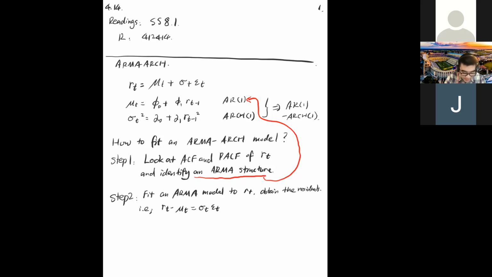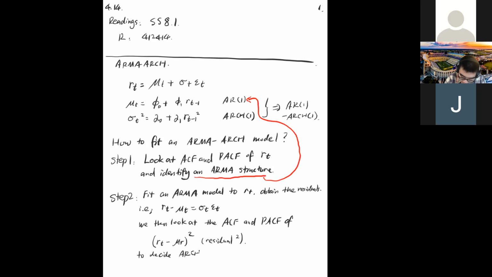And here's a key difference. We then look at the ACF and PACF of (R_t minus mu_t) squared. This is important. This is the residual squared, to decide the ARCH structure.